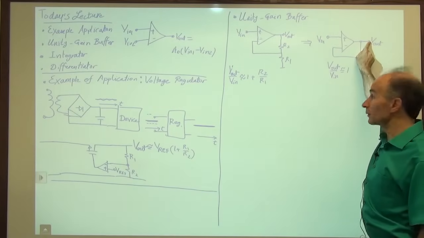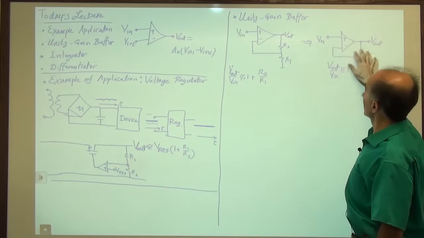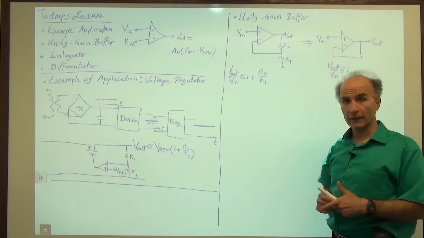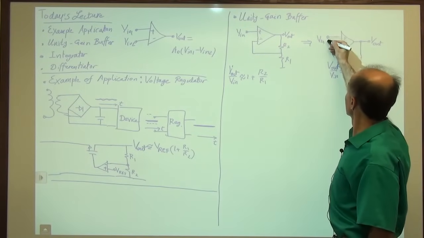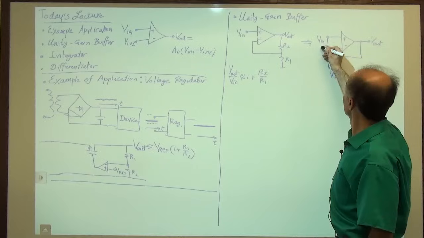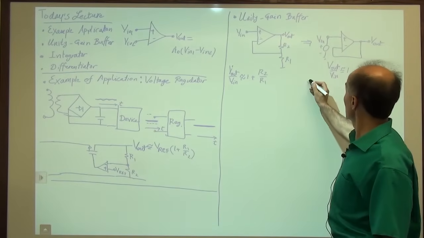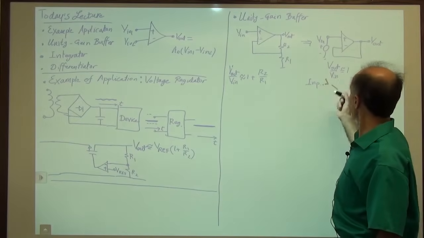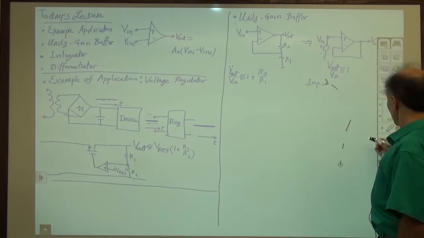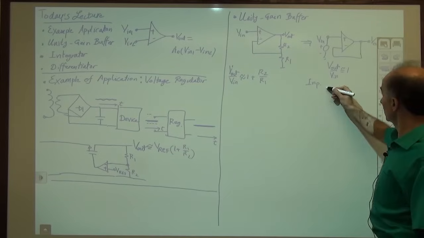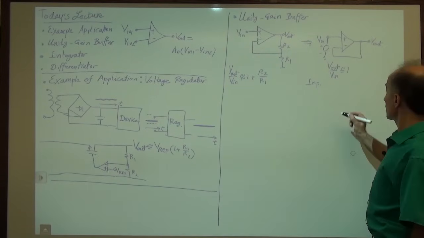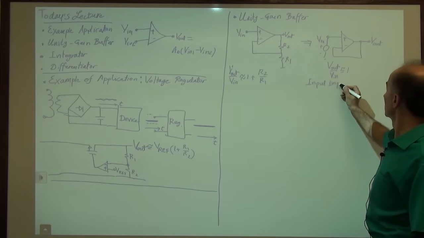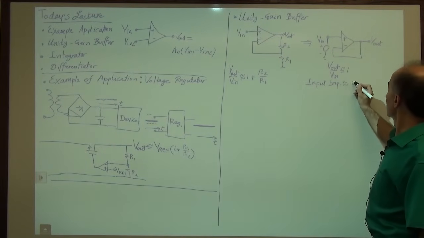And to figure that out, we're going to construct a Thevenin equivalent of this circuit and see what it looks like. So here's the situation. I have V in here. So what we know is that input impedance is infinity, right?